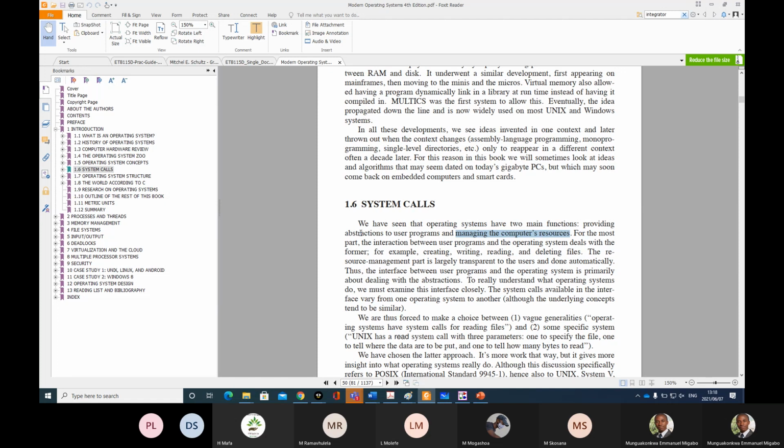We are saying that they are available in the interface, but that varies from operating system to operating system. This is why we are forced to make a choice between vague generalities, meaning operating systems have system calls for reading files. Why is it a vague generality? Because every operating system will normally have a system call for reading memory in general.